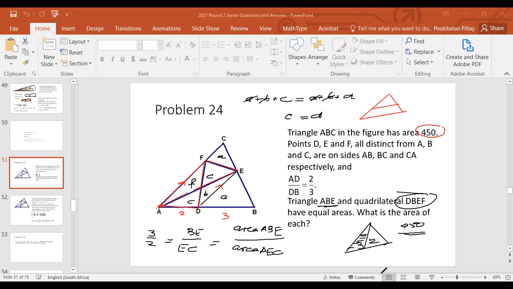So the area that we're looking for is 3/5 of 450, because we're dividing 450 into the ratio 3:2. And when you do proportions in primary school, that is how you do this. 3/5 of 450, and 5 goes into 450 90 times. 3 times 90 is 270. So the answer to problem 24 is 270.